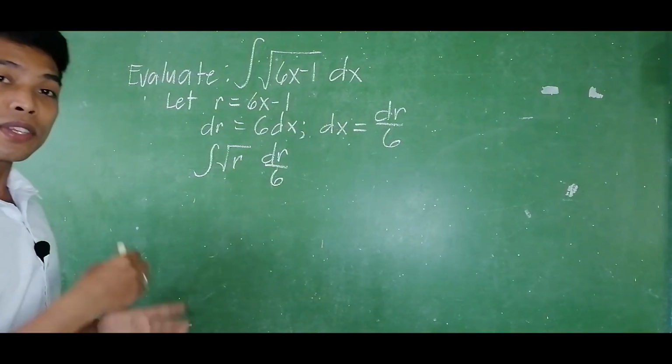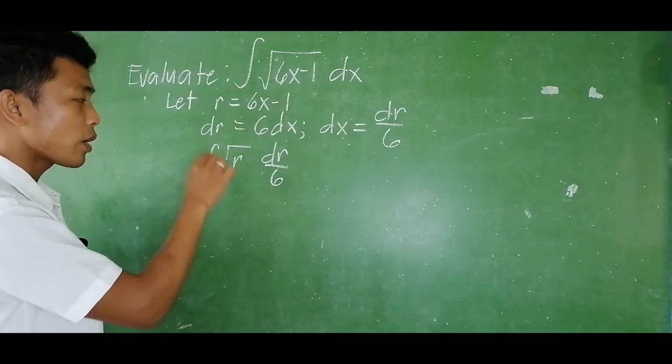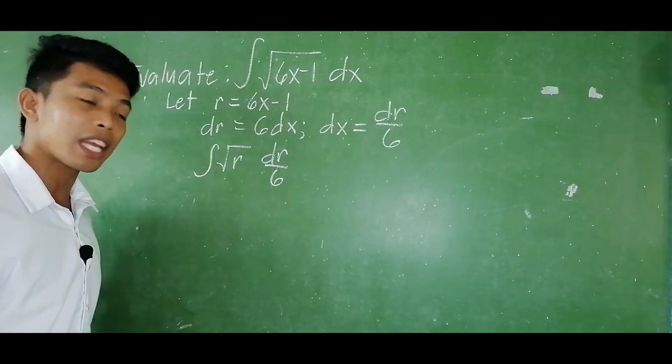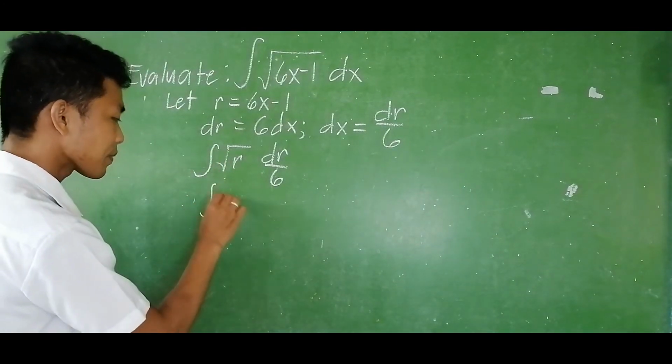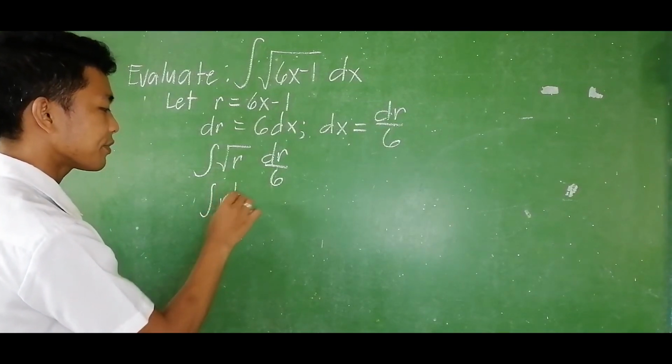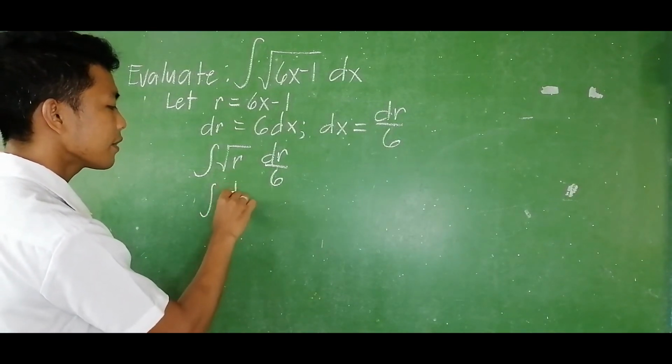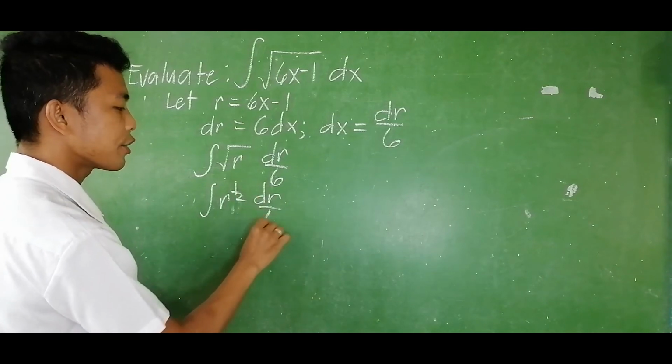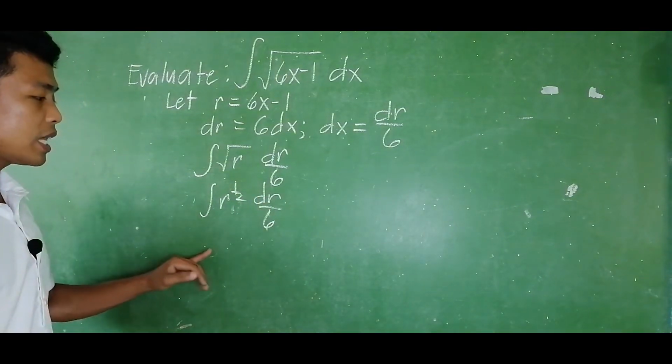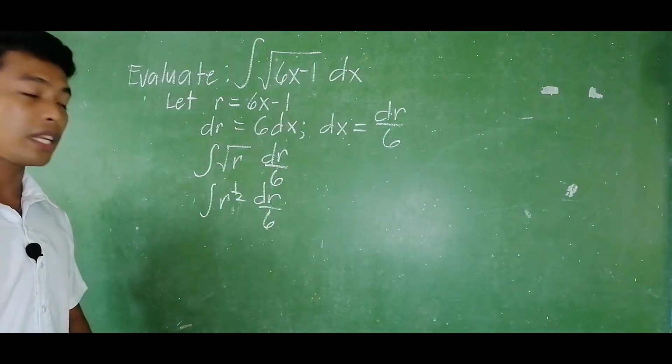The next step: we need to write the square root of r into its exponential expression, and that would be r raised to 1/2 times dr over 6.